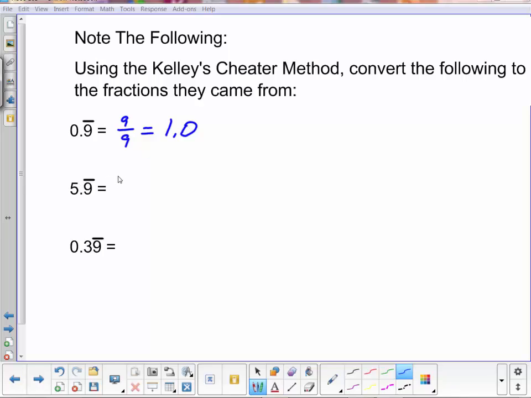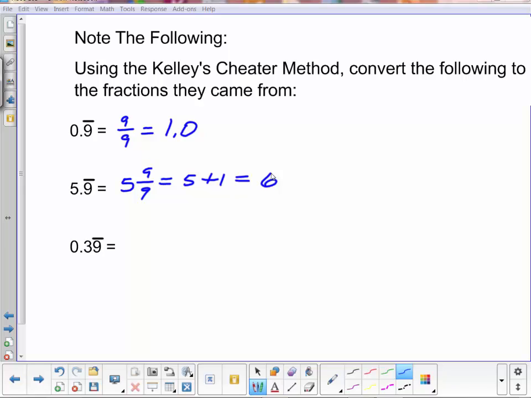If we look at this second example and we put 5.9 bar into a form of 5 and 9 over 9, you'll notice 9 over 9 also is the same thing as 1 once again. And if I add 5 and 1 together, I get the fact that 5.9 bar is equal to 6.